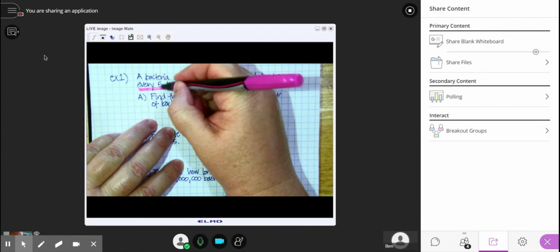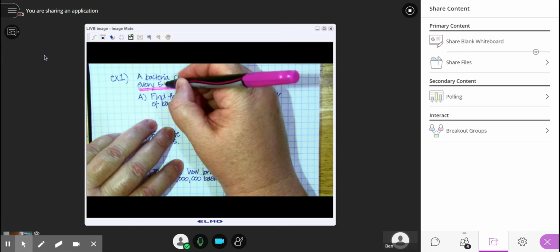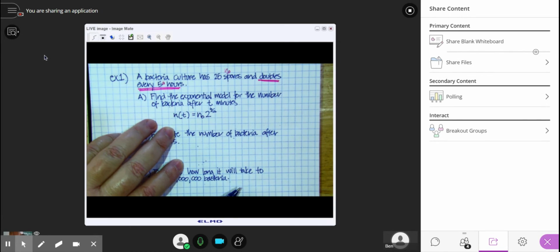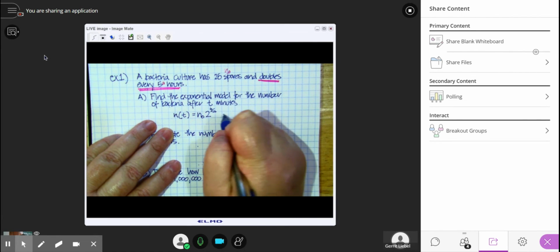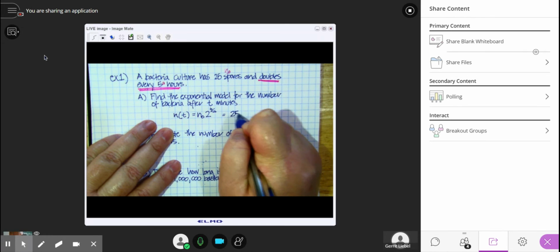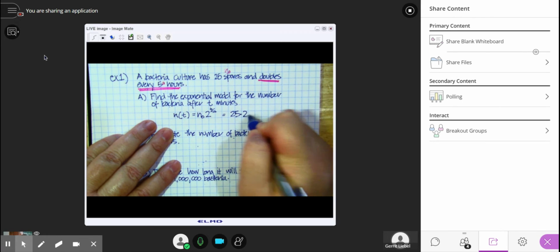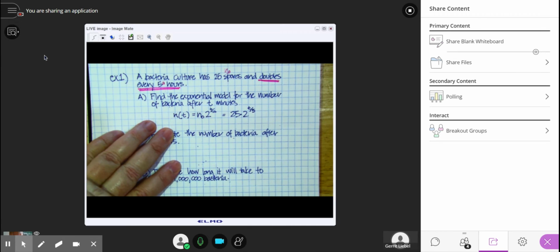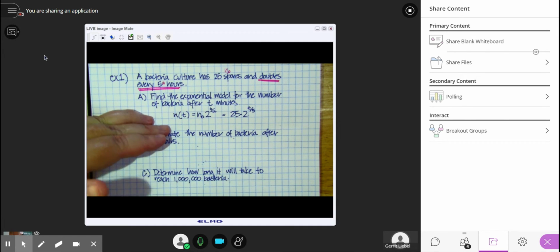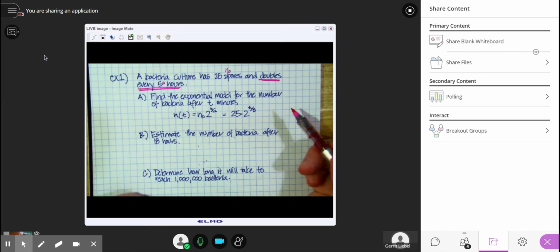And since the doubling time is every 5 hours, that's my a value. So my formula is n of t is equal to 25 times 2 to the t over 5.